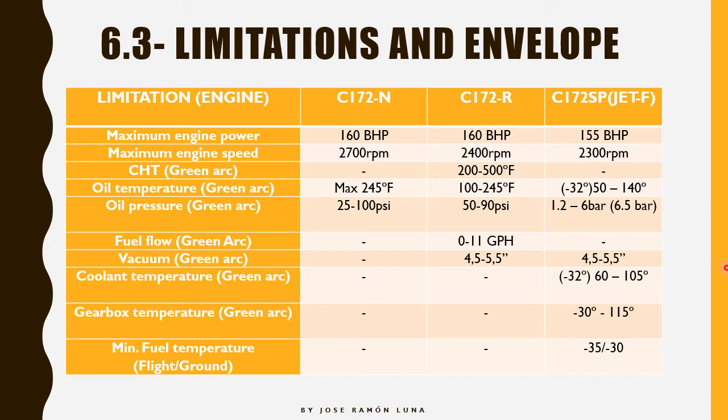Example: when you're on a takeoff with maximum power, you can expect higher fuel flow. So it's obviously not going to be on the green. It's going to be probably over the green. That is not bad for takeoff, but if you are in cruise power, and you're getting that gallons per hour over 11, that's bad.